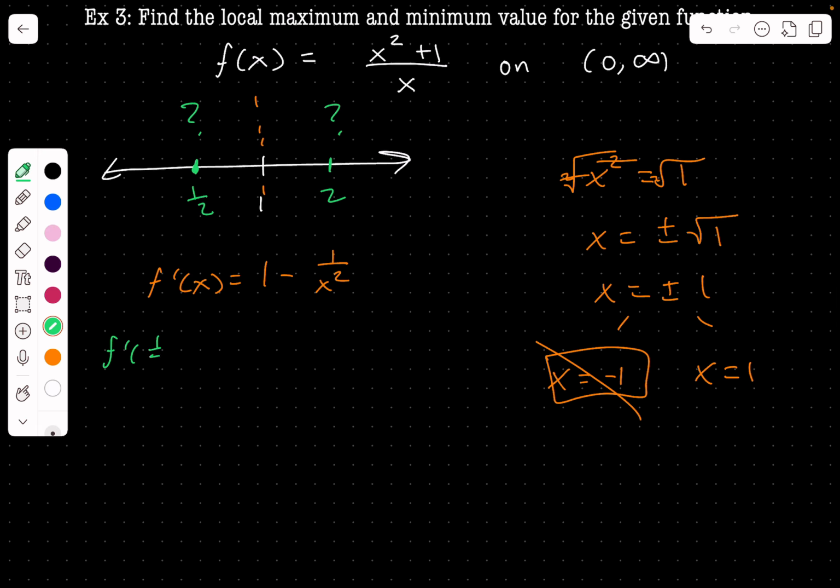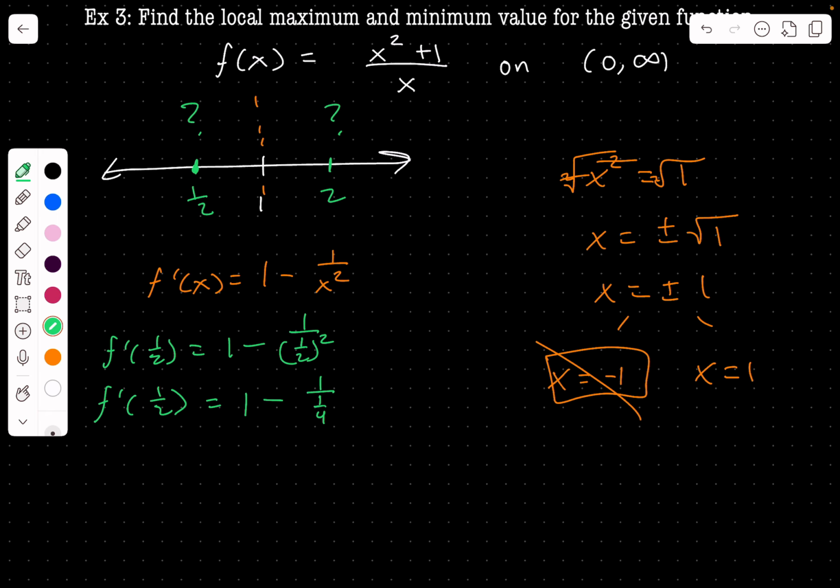So let's plug in our 2 values for x in our derivative, and we get 1 minus 1 over 1/2 squared. I'm going to show all the work for this one because I feel like some people might make a mistake doing this. 1 minus 1 over 1/4, because when you square 1, you get 1. When you square 2, you get 4.